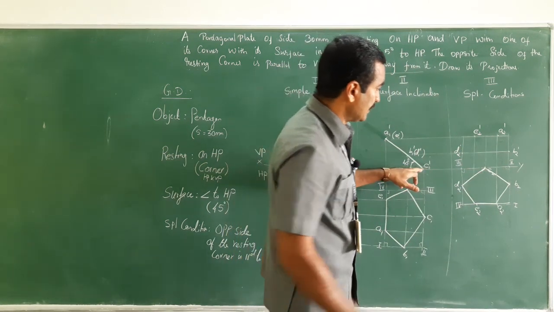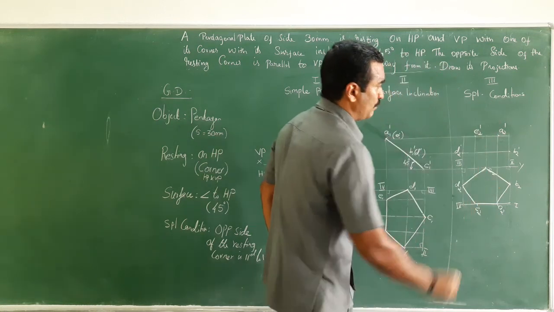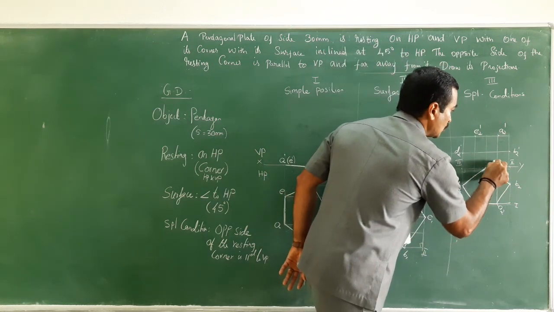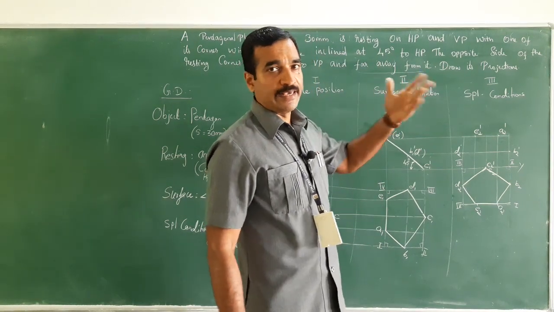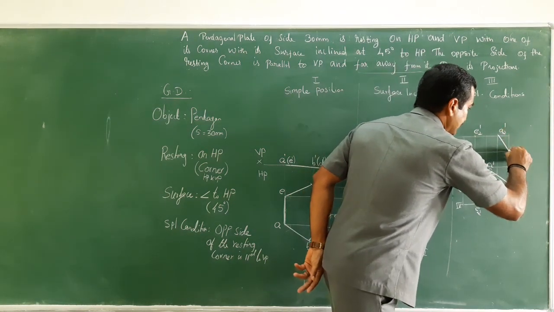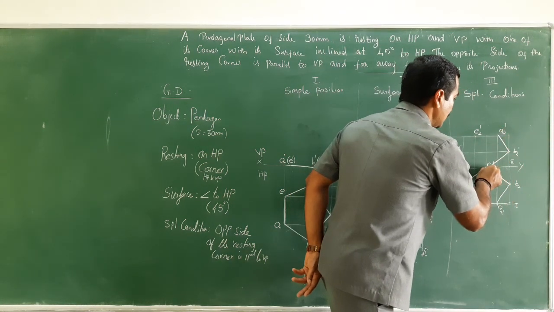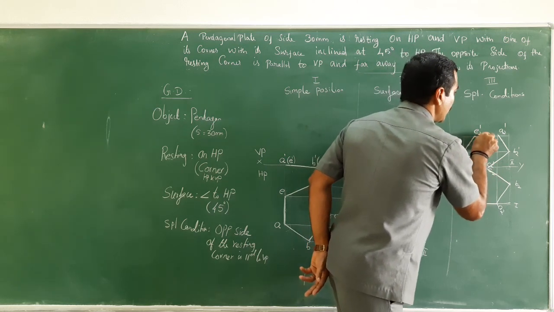What about C? C and C are getting intersected on the same point, C2 dash. So now allow to draw the sides, right? So A to B is one side, B to C is next side, C to D is next side, D to E is next side, and A to E.